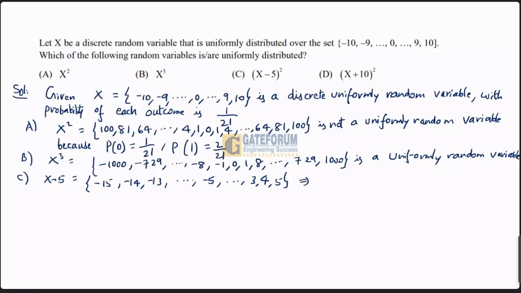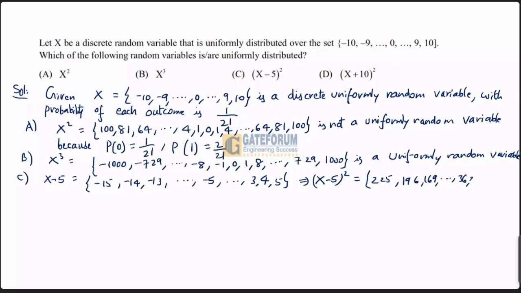This implies (X minus 5) whole square is equal to minus 15 square is 225, minus 14 square 196, and minus 13 square 169, and so on, minus 6 square is 36.